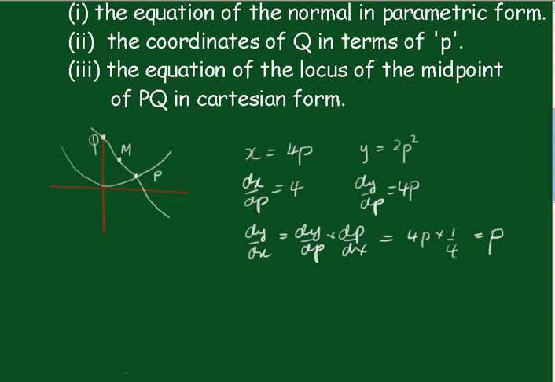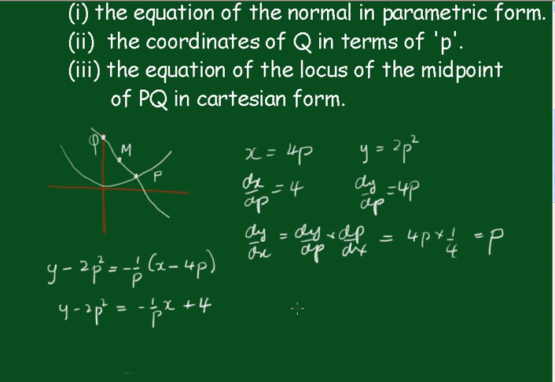Now putting in the point gradient form, we get y minus 2p squared equals, now this gradient here is the gradient of the tangent, so the gradient of the normal is the negative reciprocal, so that's minus 1 on p into x minus 4p. So y minus 2p squared equals minus 1 on p x plus, now if we multiply these together we just get 4.